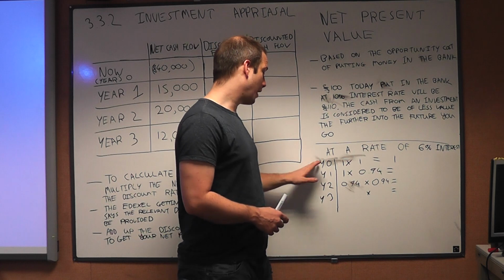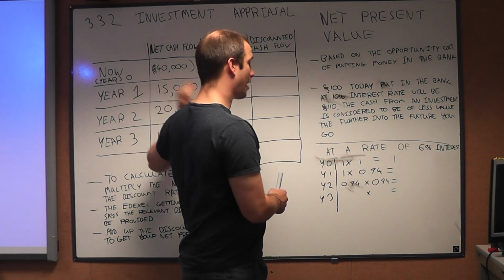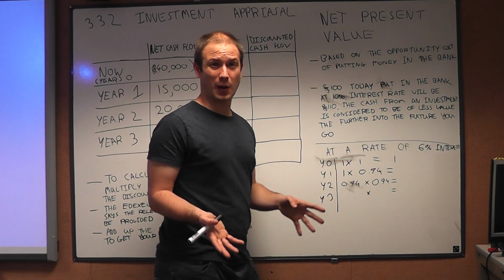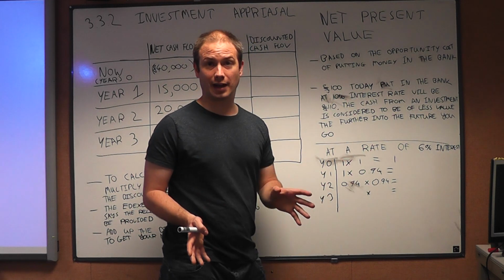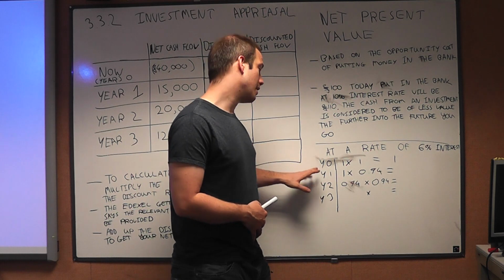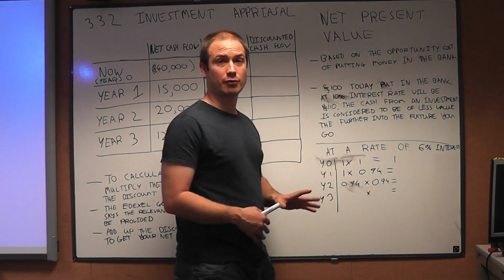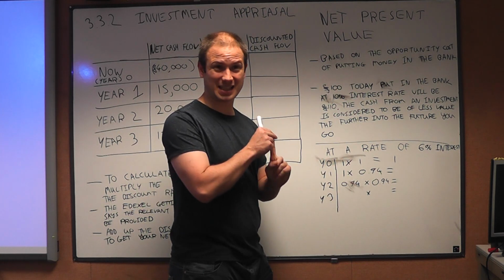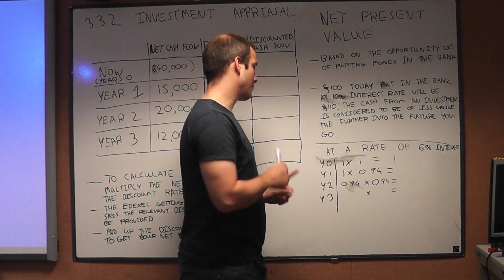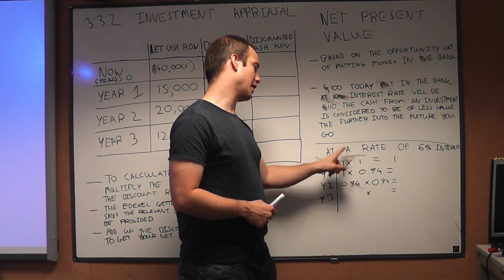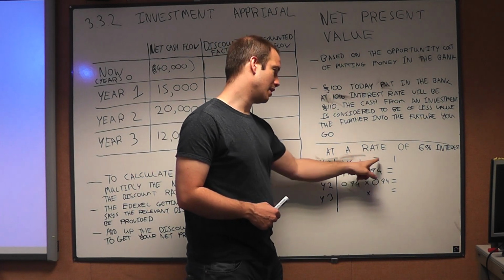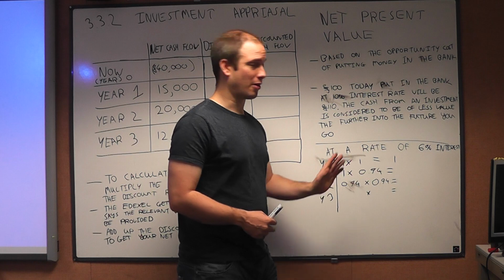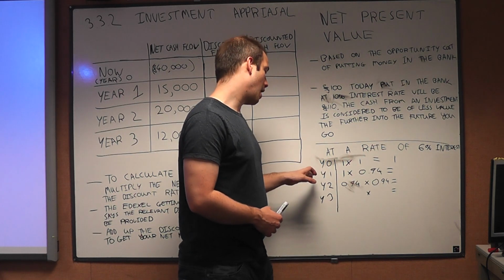So after looking at this, in year 0, no time has passed. And if no time has passed, money has not lost any value. So our discount factor will be 1, because money retains its value. So 1 times 1 gives us 1. Very nice. We have a discount value of 1.